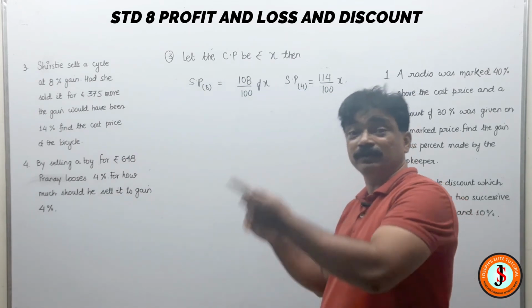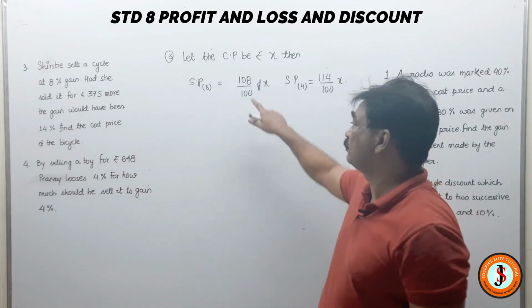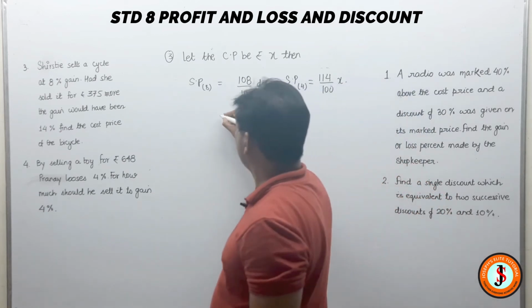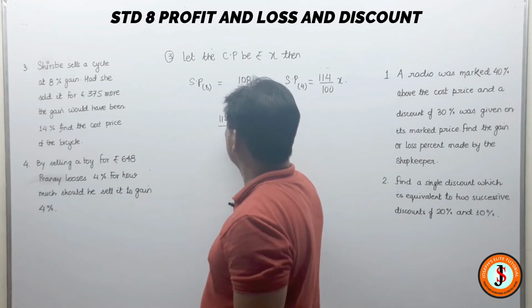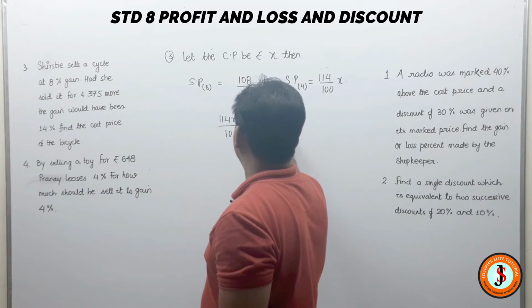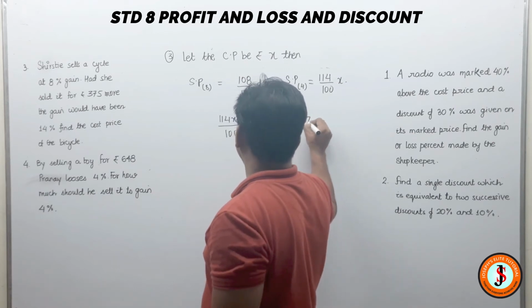If you would have sold it for 375 more, then this plus 375 should be equal to this. So 114x by 100 is equal to 108x by 100 plus 375.